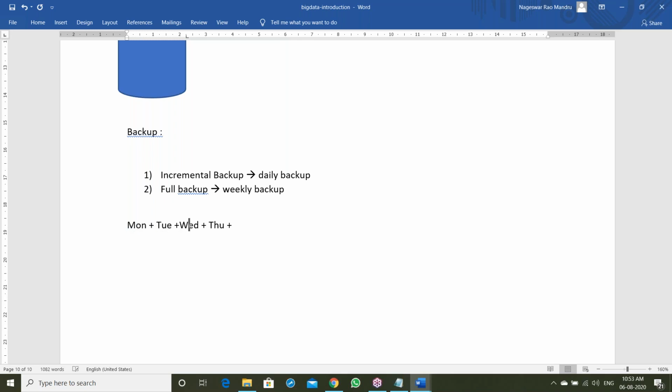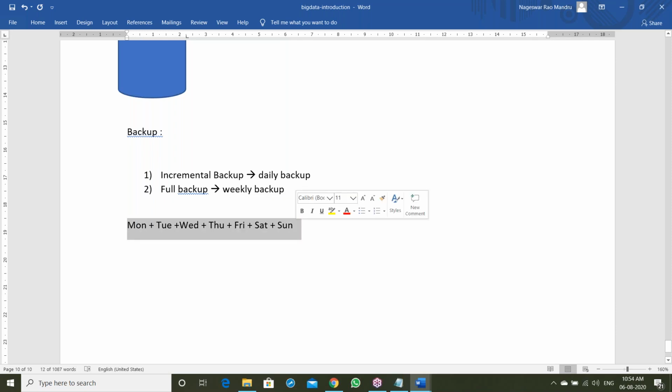You get a daily backup that is added, increasing the data, through Friday, Saturday and finally Sunday. The existing data plus the next day's data is integrated. So this is called incremental backup. Finally, the whole thing is a whole week of data.